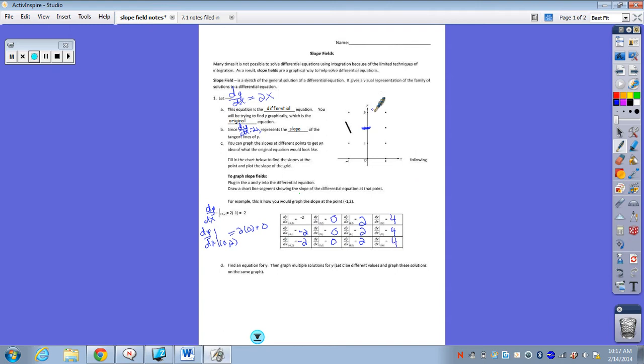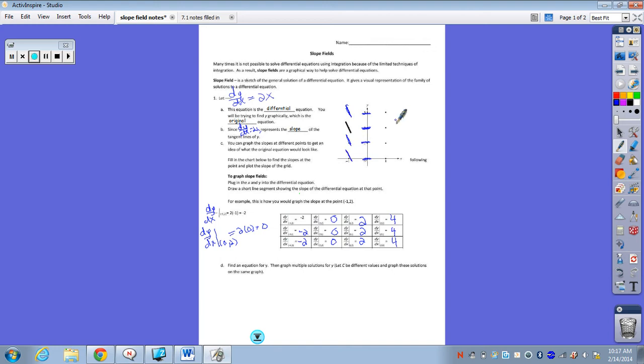And then I'm going to draw little short segments to represent the slopes. Anytime x is 0, the slope is 0, so I'm going to draw little horizontal lines. Whenever x is -1, the slope is -2. So I'm going to make sure that I'm parallel, and this is where a ruler helps, to the segment that's already drawn for -2. I'm going to do my best.